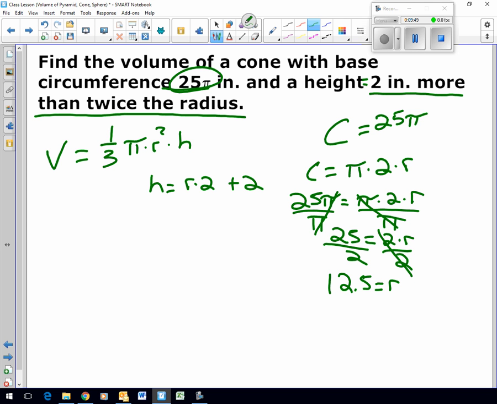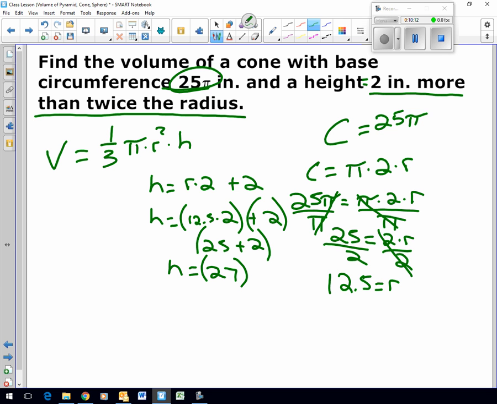That's the type of question you're going to get on your EOC, okay? 27 is the height because 12.5 times 2 plus 2. You want to put a little order of operations in there, right? This is 25 plus 2. So your height is 27, correct?